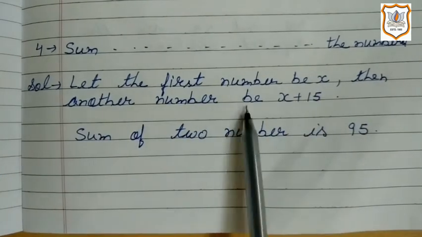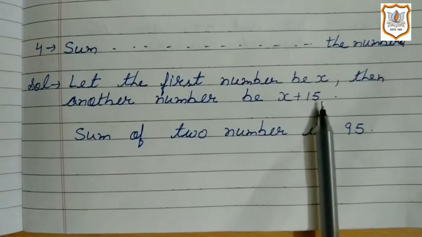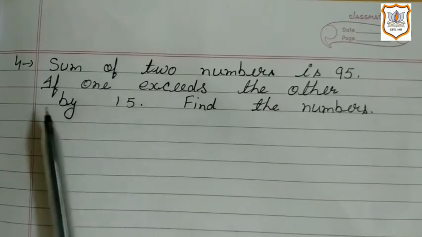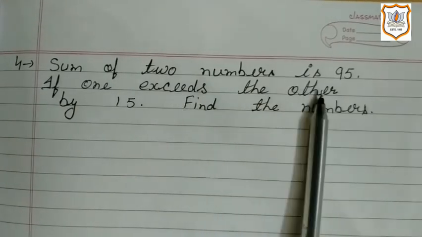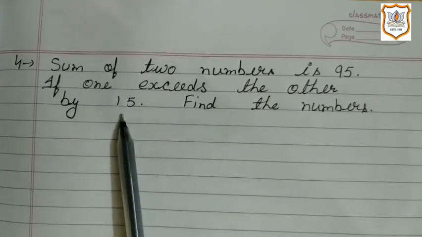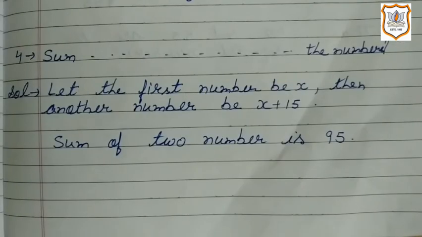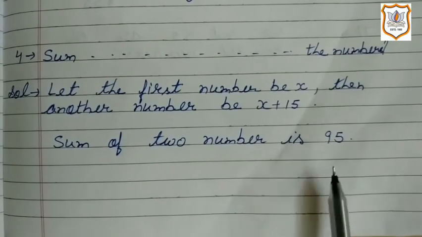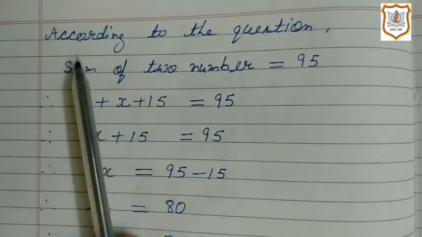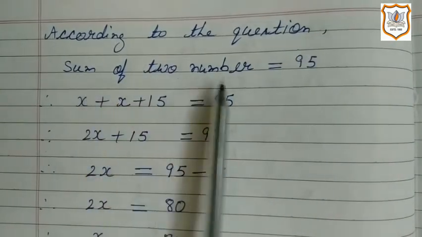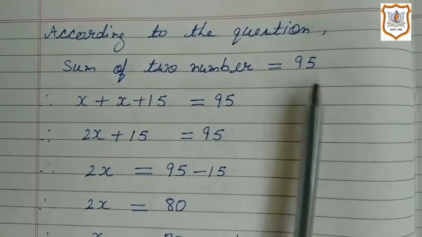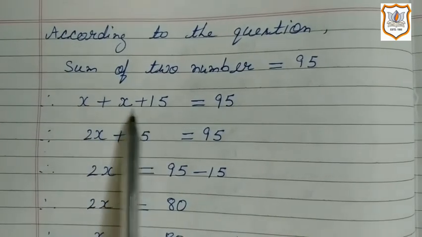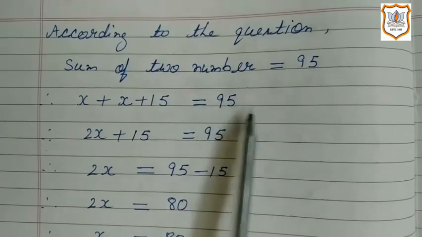Then the other number is x plus 15, because according to the question, one number exceeds the other by 15. The sum of two numbers is 95, given in the question. So we add the two numbers. First number is x and second number is x plus 15, and the sum is equal to 95.